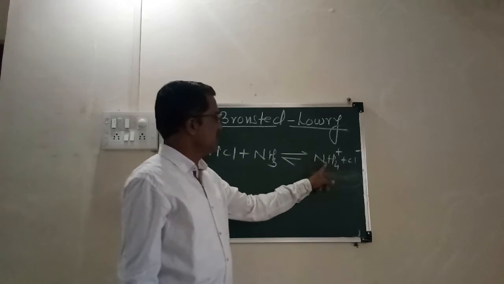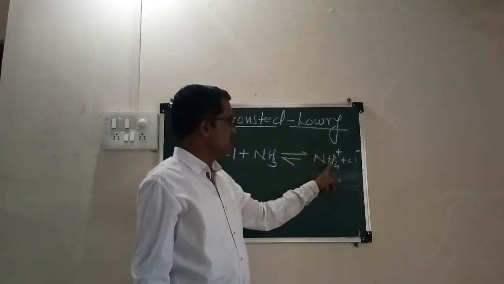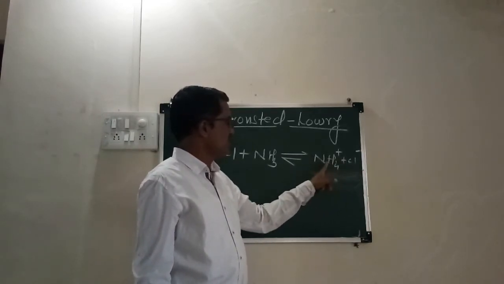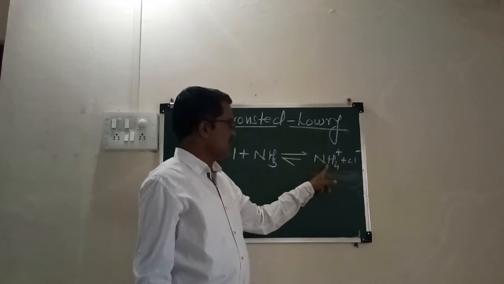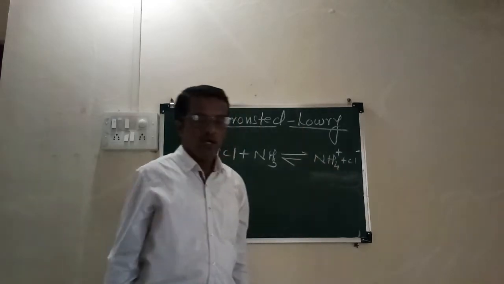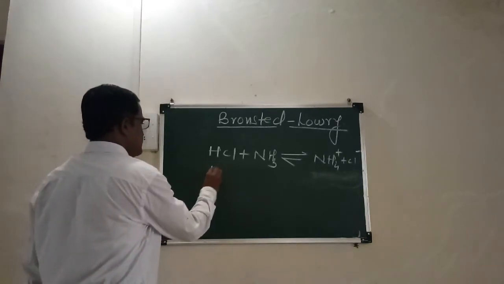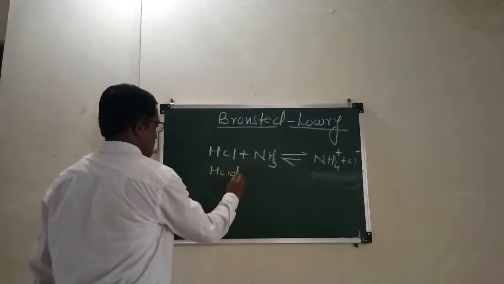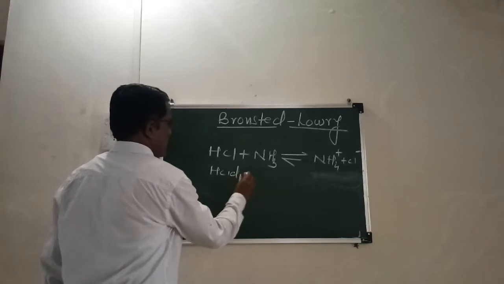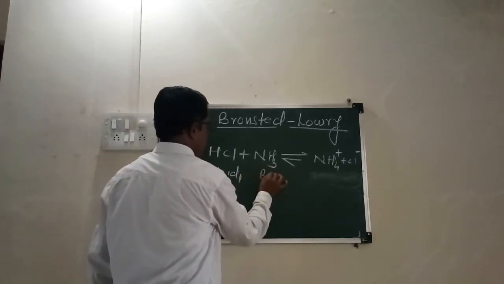Again, in the reversible reaction, this NH4 plus ion can donate a proton to the Cl minus, and therefore NH4 plus is an acid and Cl minus is a base. Now this HCl is known as acid first, and this is known as base second.